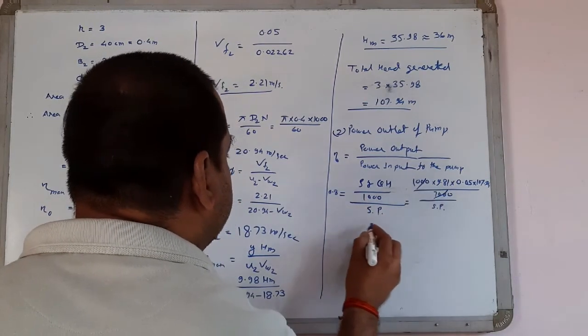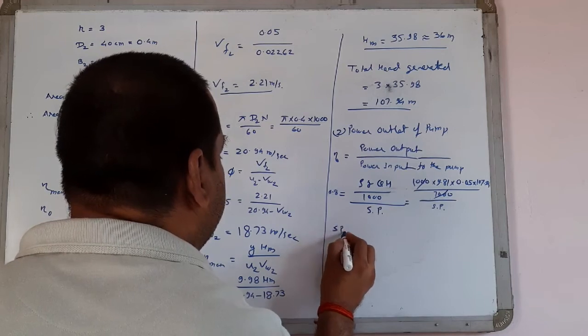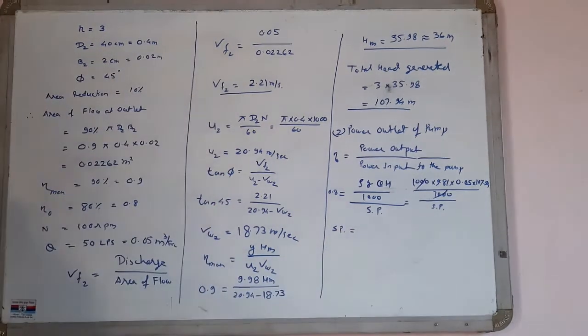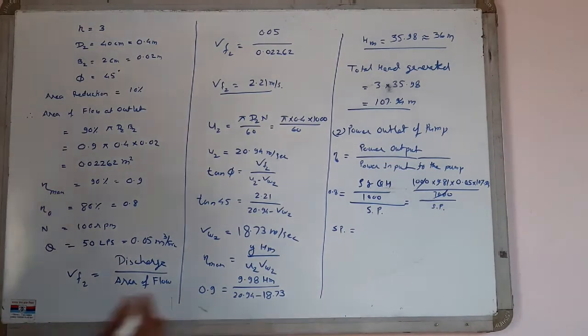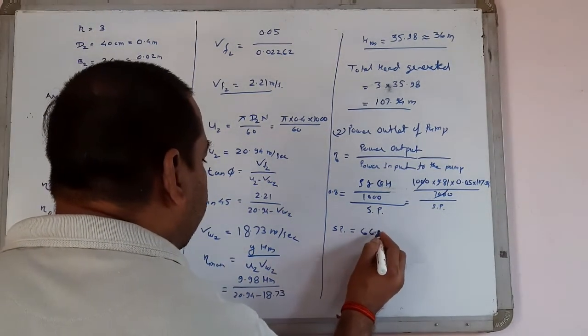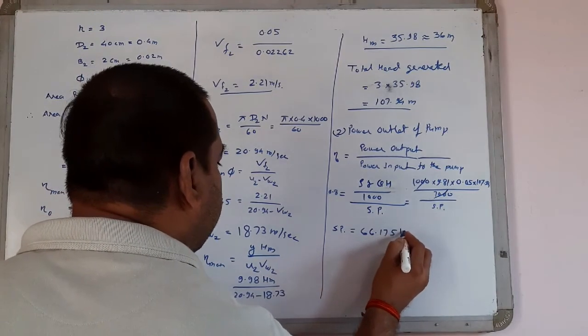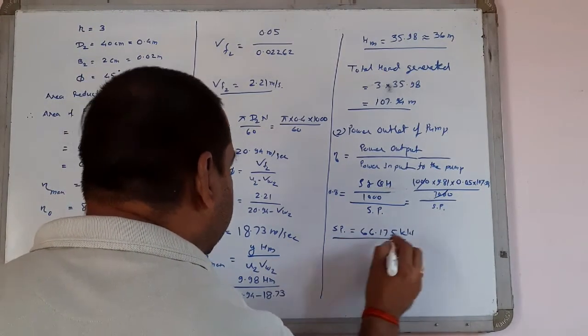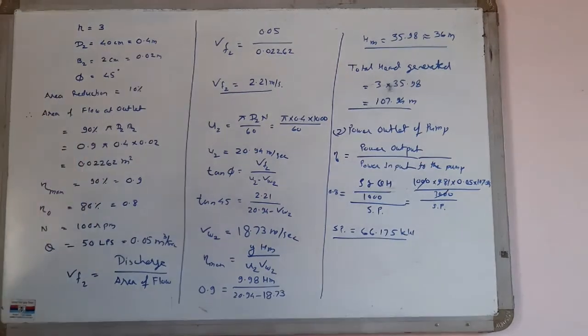So this 1000 gets cancelled, and the value of shaft power comes from here as 66.175 kilowatt, the shaft power.